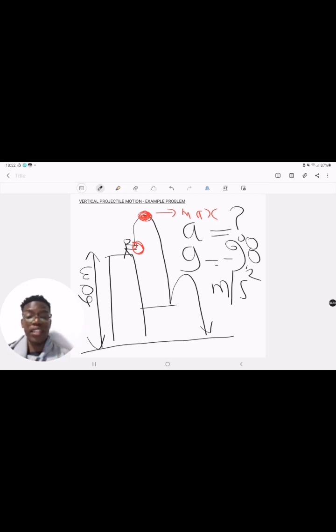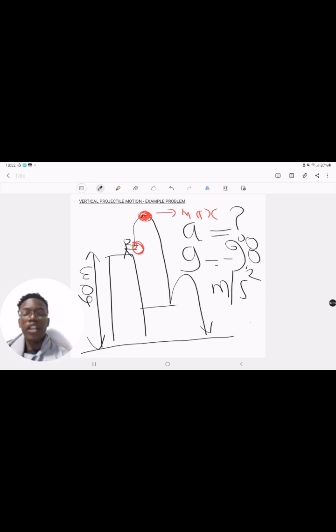That is the acceleration applied on every object on planet Earth by the Earth, right? Every object on Earth is being pulled towards the center of the Earth. So every object on Earth is made to accelerate at the gravitational acceleration, which is 9.8 meters per second squared.